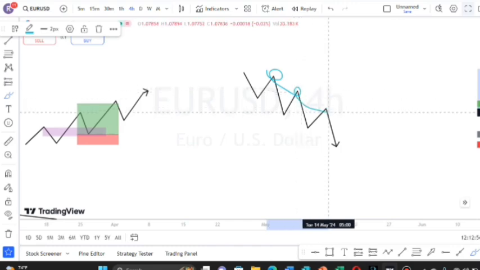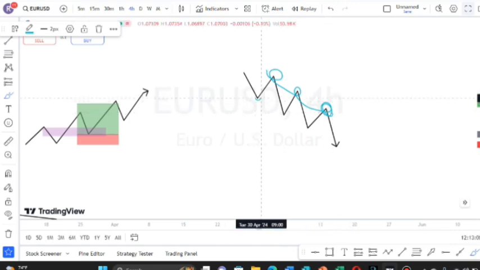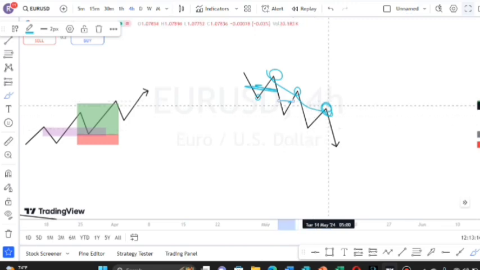This is where you should be taking your sell position. You could not take your sell position at this point, because if you take your sell position here, your stop loss will be placed here. This is where you'd be placing your stop loss, which will eventually be hit before hitting your take profit.